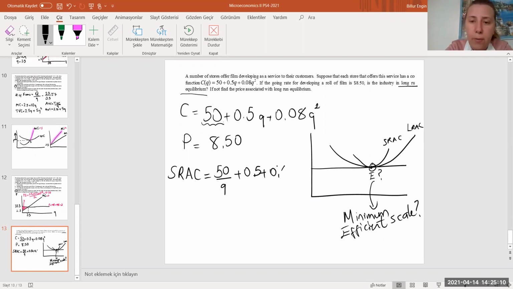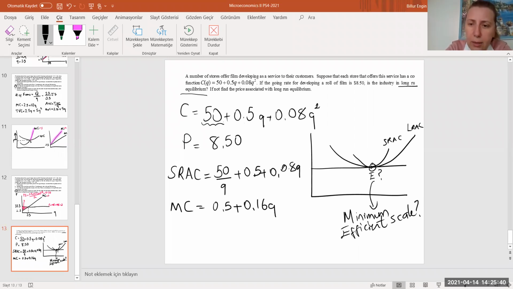Pardon, sorry. We are just dividing by Q, not deriving. So 50 over Q, 0.5, 0.08Q is the average cost function. And what is the marginal cost function? Short run marginal cost function. If you derive it, 0.5 plus 0.16Q.